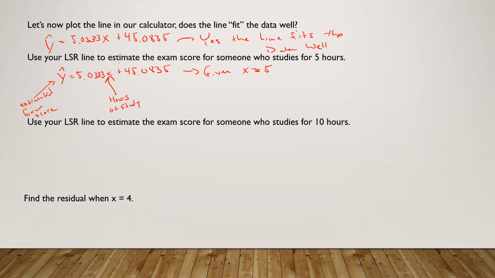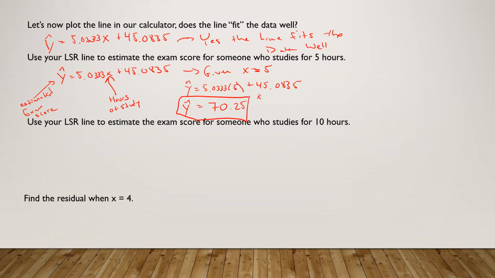You're going to plug it in for x in your equation. So my predicted or estimated exam score is 5.0333 times 5 plus 45.0835. If you plug this into your calculator, you're going to get y hat equal to 70.25.